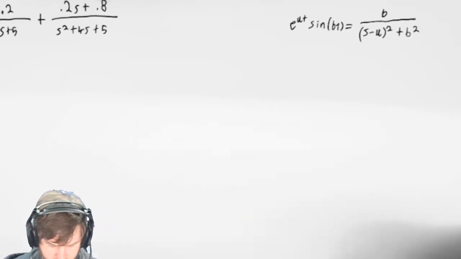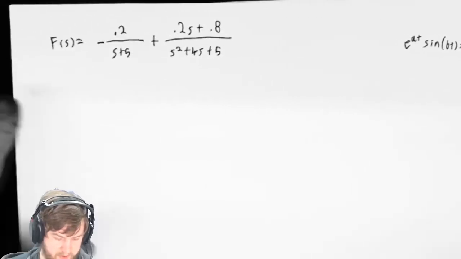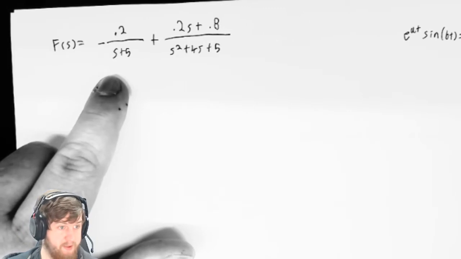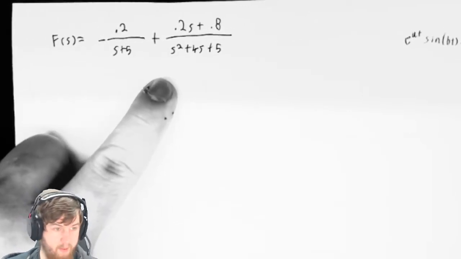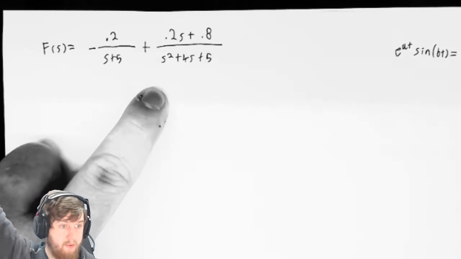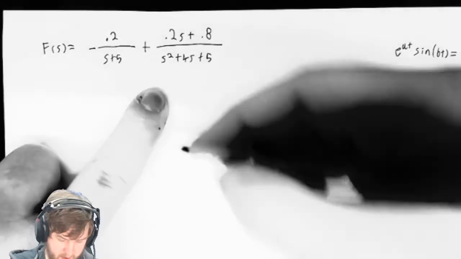Yeah, so what we can do with this form, we can leave our negative 0.2 over s plus 5, that's fine. But this right here, we can pull out an s plus 2 squared plus 1.